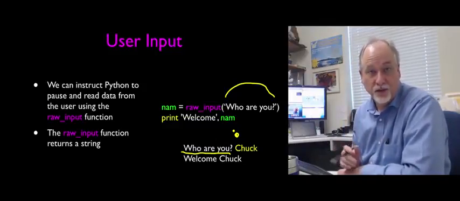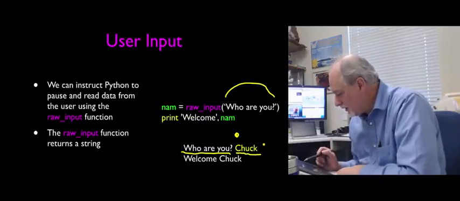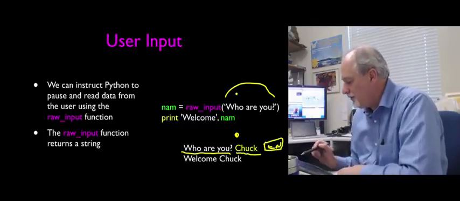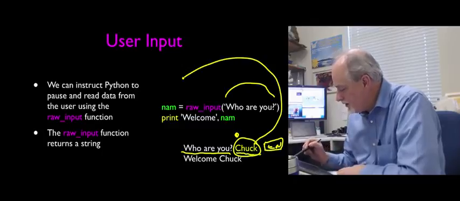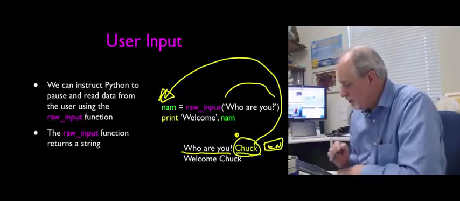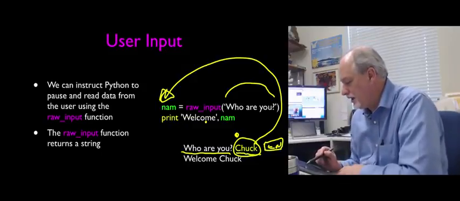It says, what next? And then you type a string, and then you hit the enter key, and then whatever you typed goes into a variable. And it is a string, and then you can use it.